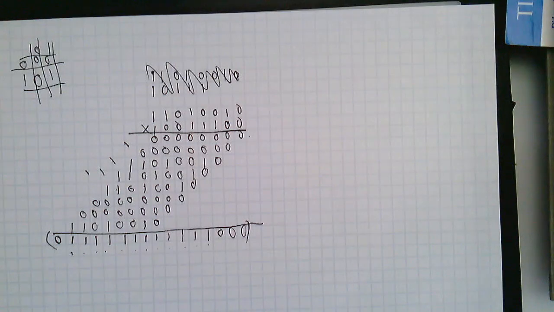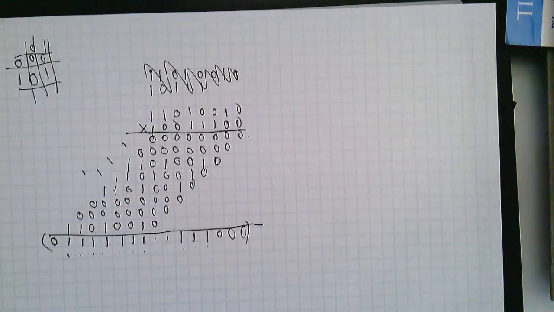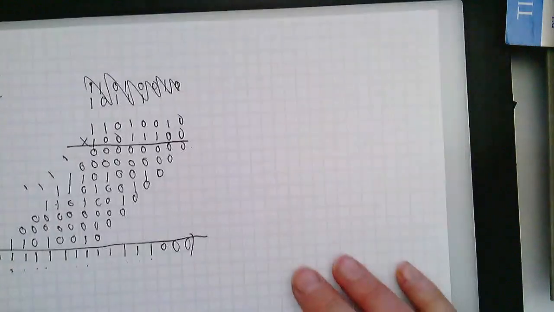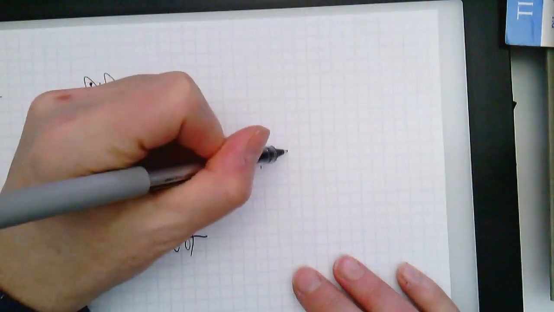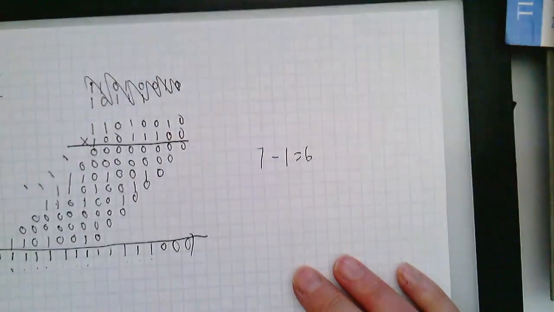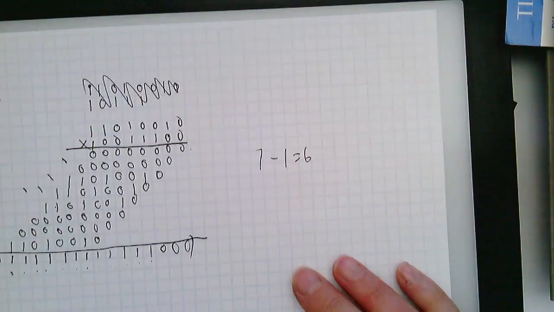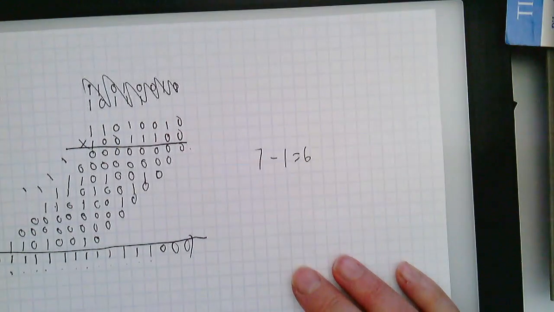32. Compute 7 minus 1. Okay, 7 minus 1 equals 6. There, I did it. Wait, using 2's complement.